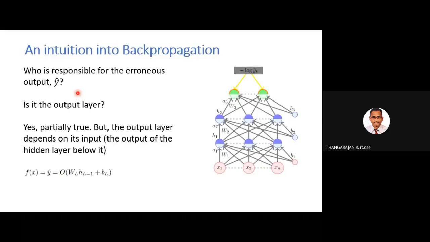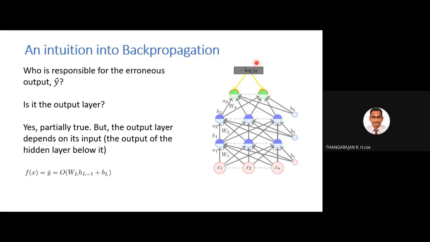So in that case, who is responsible for this erroneous output y cap? For example, we have taken a cross entropy setup, where minus log y cap is our loss function L. We are not using mean squared error, we are using cross entropy.